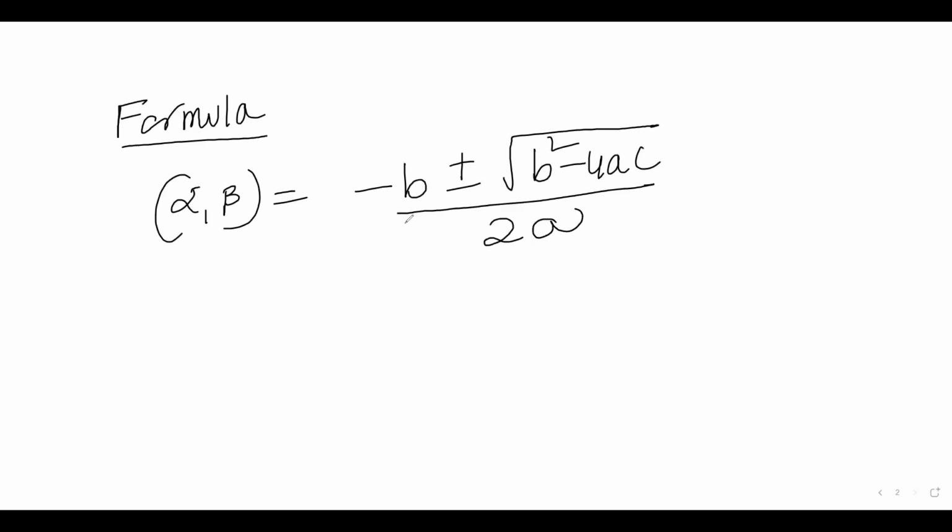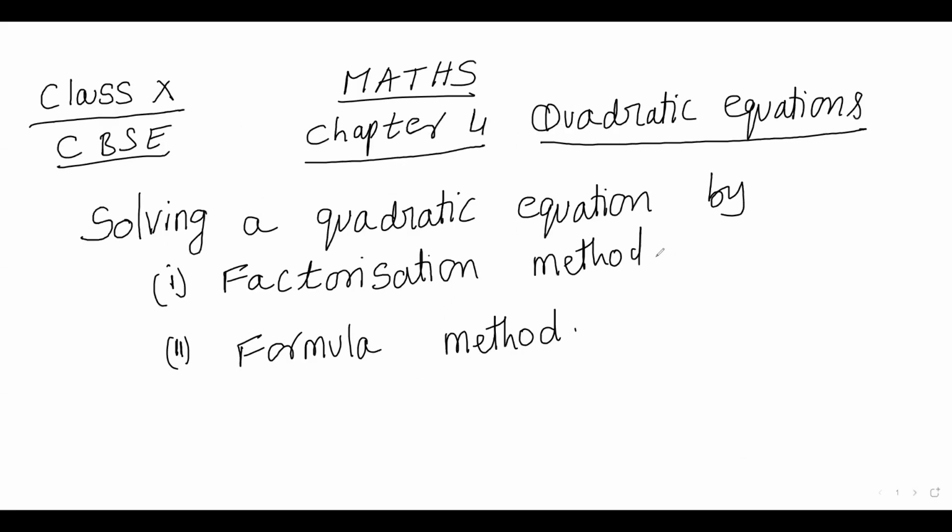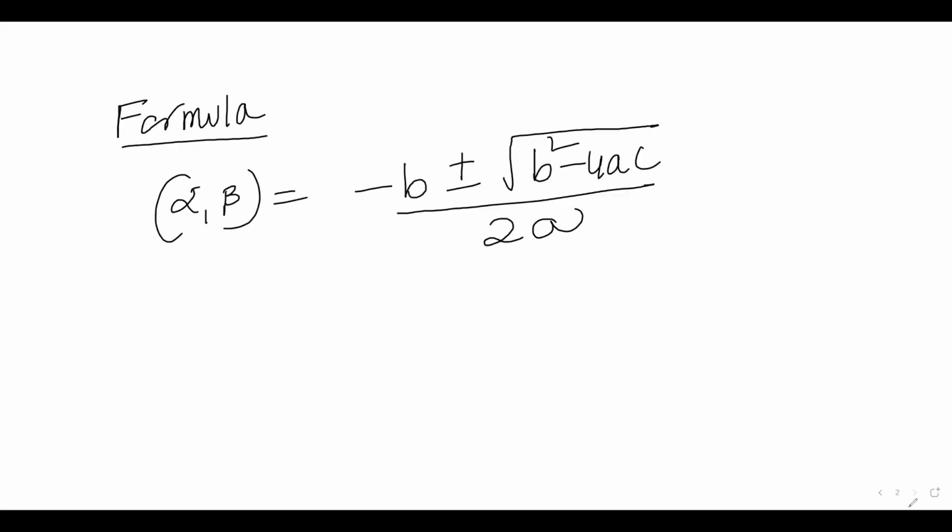This is the formula to find the roots of a quadratic equation. Okay, so two methods we will be discussing. One is factorization method, that is splitting the middle term, and formula method. Formula is minus b plus or minus under root b square minus 4ac by 2a.